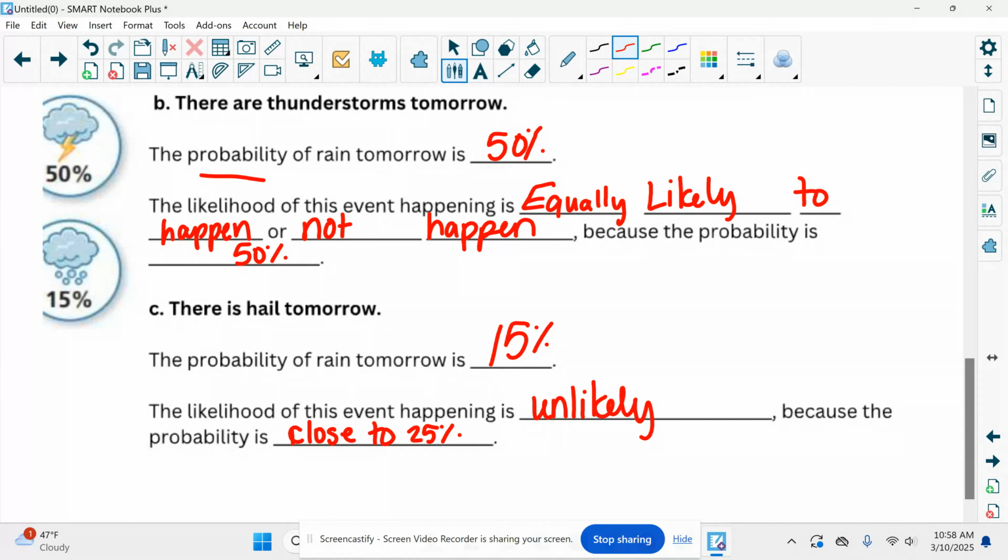What would it have to be for it to be completely impossible for it to hail tomorrow? 0%. But because there's a little percent, there's a chance, but it's very unlikely. Like snow. You know how sometimes they say there's a possibility of snow. Most of the time it's unlikely to happen.